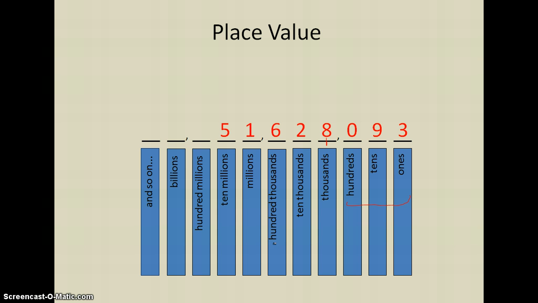Then the group of place values that represents thousands has 1,000s, even though we don't usually write the word 1 in front of it, 10,000s, and then 100,000s. The same thing happens when we get to the millions: 1 millions, 10 millions, 100 millions, and then the same thing would repeat as we go into the billions and to bigger place values.